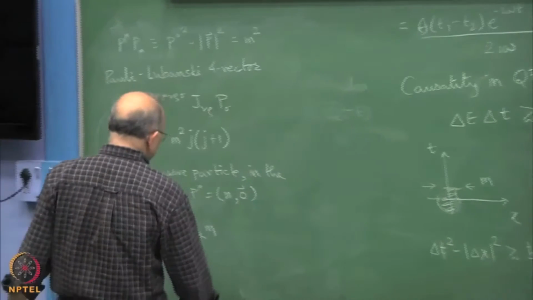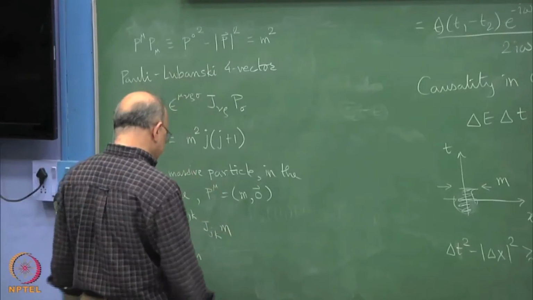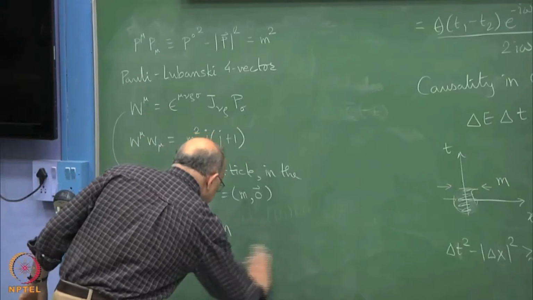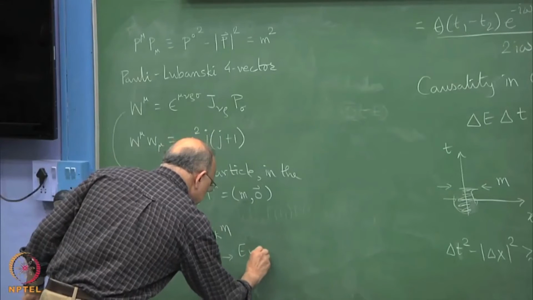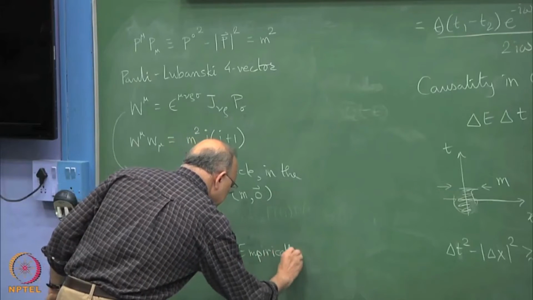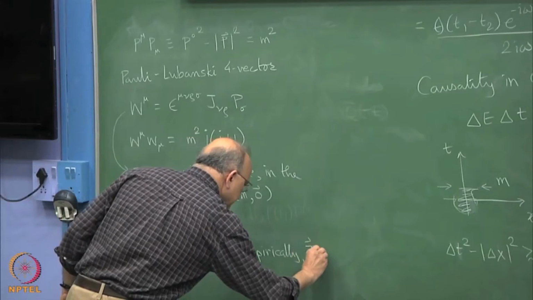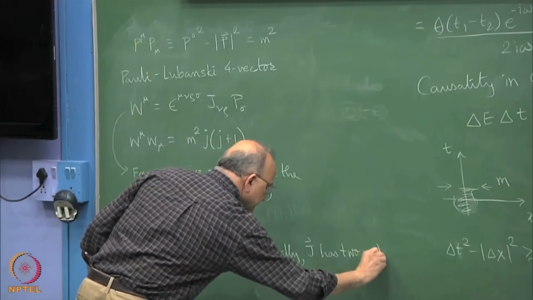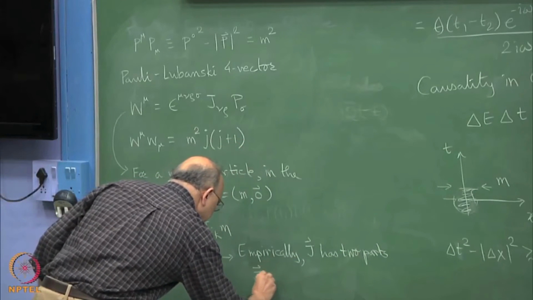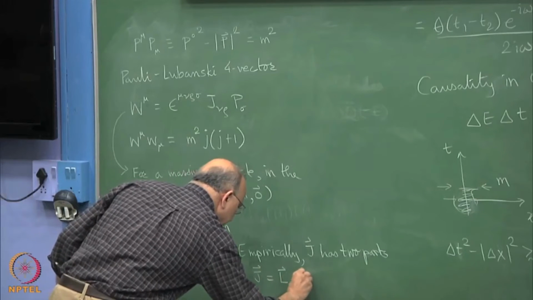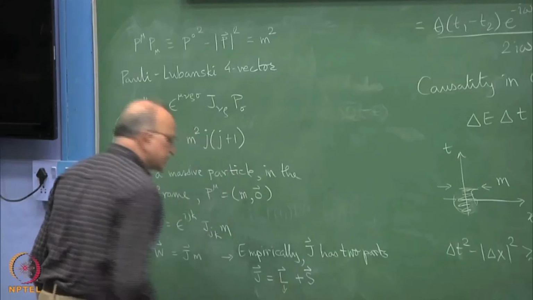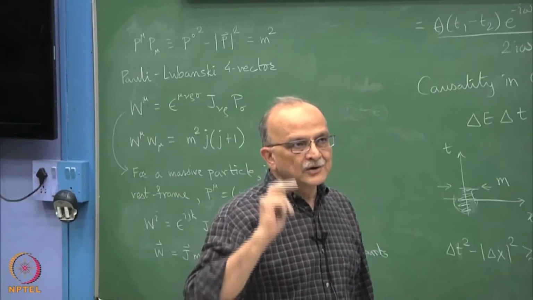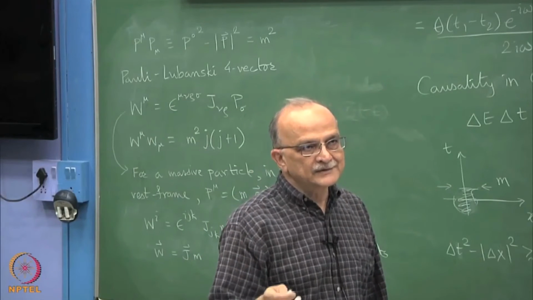You are forced to assume, due to observations in nature, that J has two parts, L plus S, where L can be constructed from our postulate number 4, which said that all observables can be constructed out of the canonical ones.